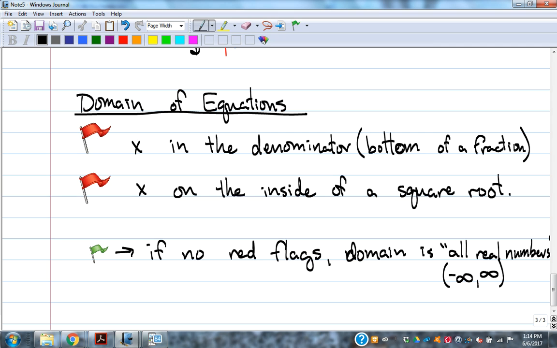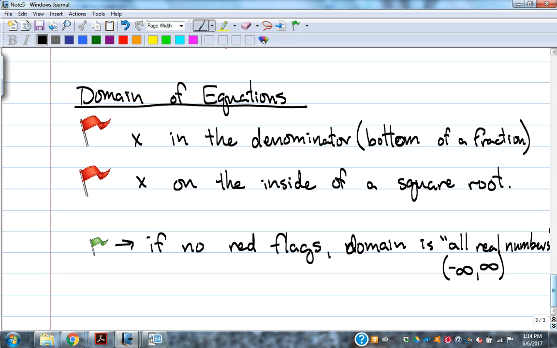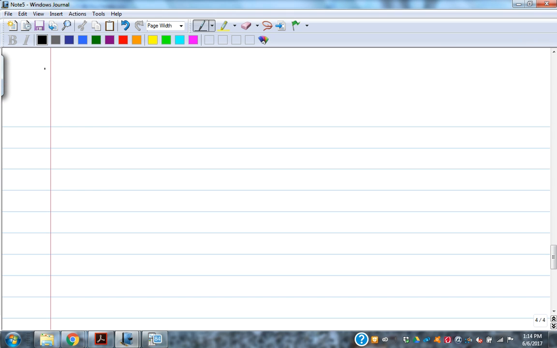The rest of the time, the domain is all real numbers. And we're going to write that as negative infinity to positive infinity. We're going to do both ways of writing it here. Okay, so let's find the domain from the equations. So keep in mind those two red flags that we have to be looking for. That's what we've got to keep in mind anytime we're talking about domain.